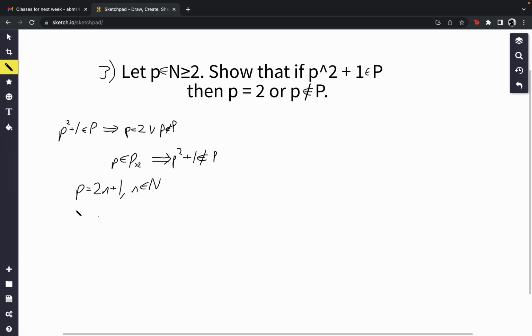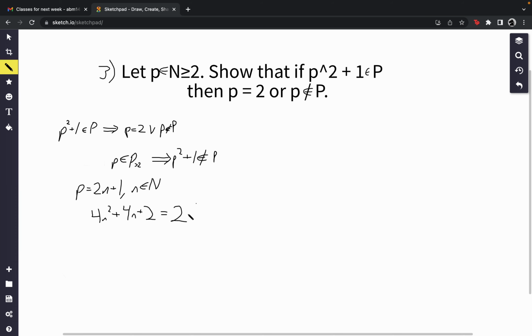So P squared plus 1 is equal to 4n squared plus 4n plus 1 plus another 1, so plus 2, which is equal to, we could factor out a 2.